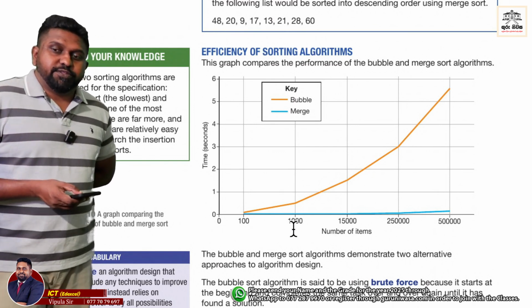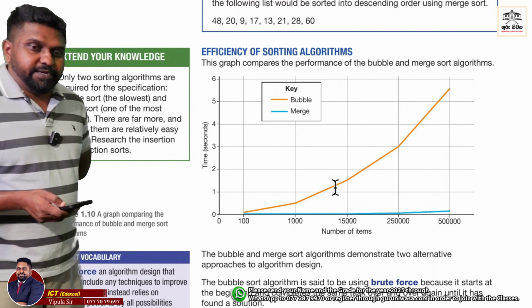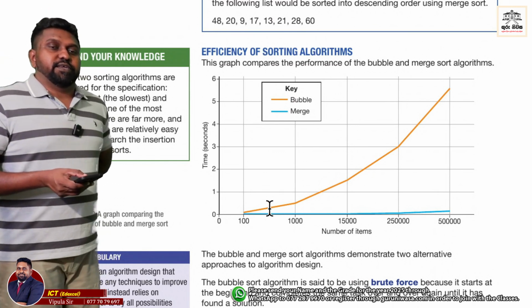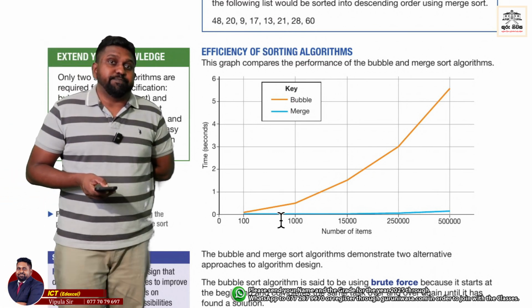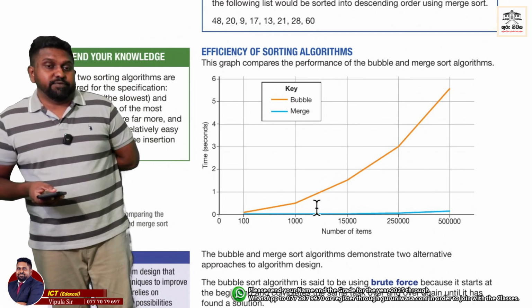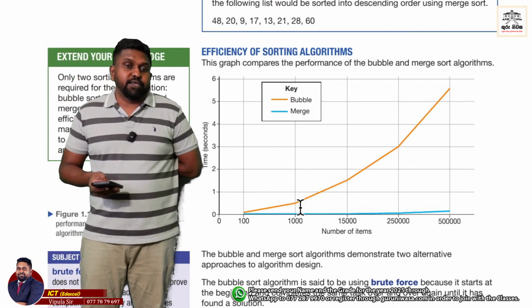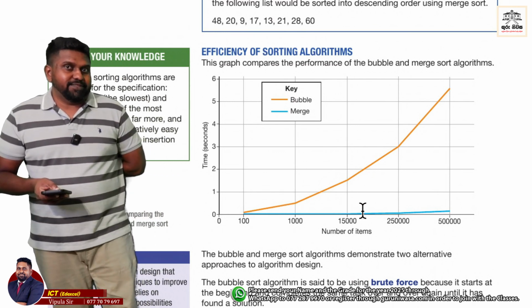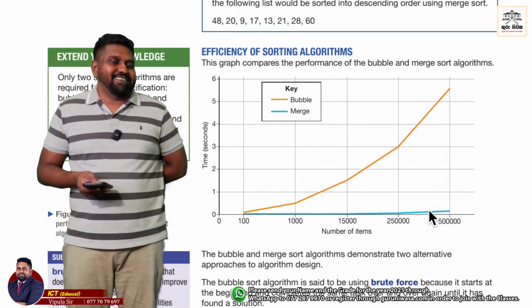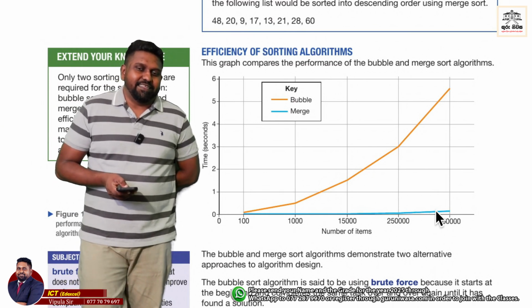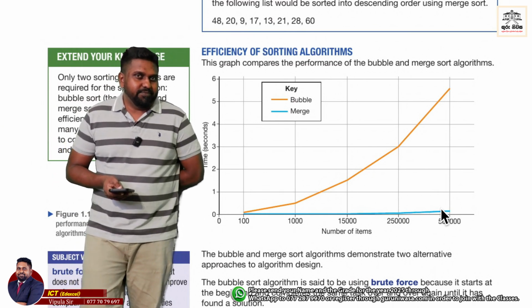See the difference. Depending on the number of items, if you take merge sort, the time is almost linear. There's a slight increase in time, but mostly the algorithm is efficient.